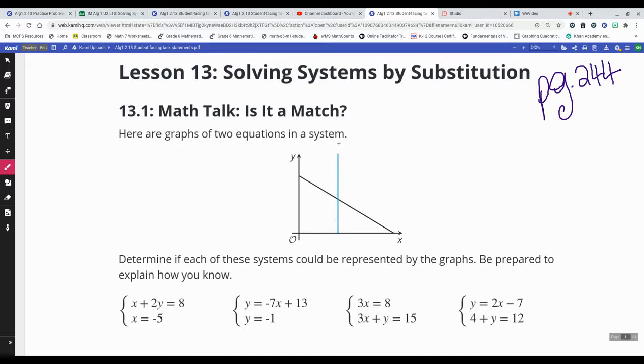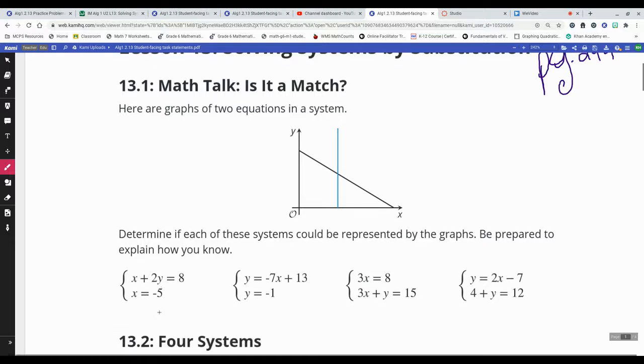So that's a line, the blue line. This is another line. Determine if each of these systems could be represented by the graphs. Be prepared to explain how you know. So these systems right here.